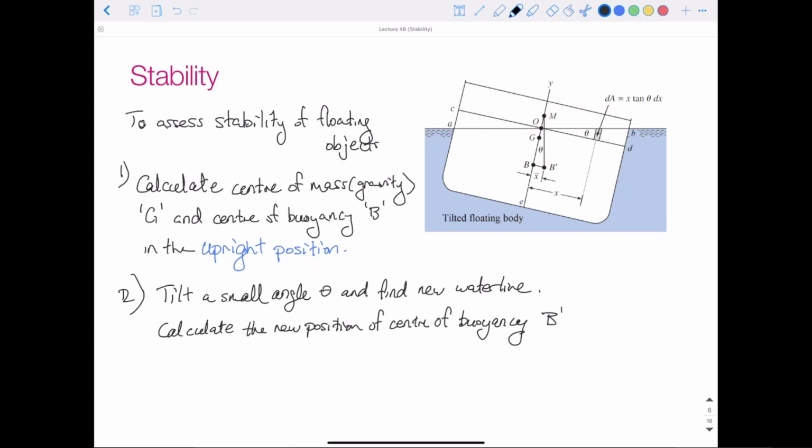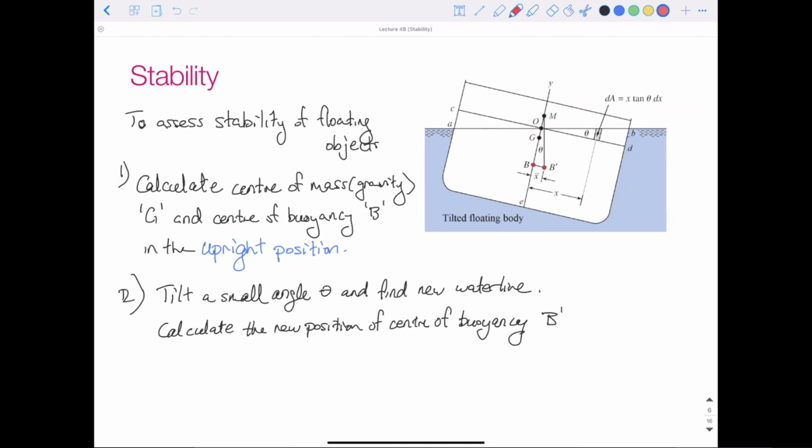And this, if we draw a vertical line up from this point, will intersect with the line of symmetry at a point called the metacenter, or point M. So we look over here, we had our original center of buoyancy, and we have our new center of buoyancy after we've tilted it some angle.